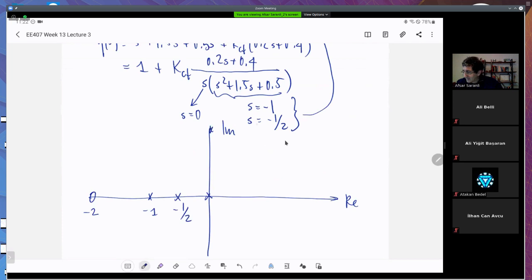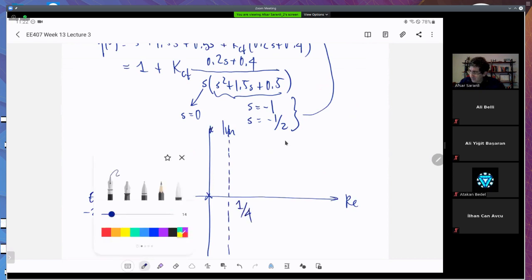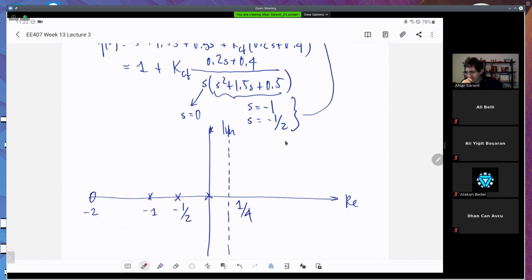Okay, and an asymptote at, let's make that more to scale, somewhere over here at 1/4. Okay, so if I make that sketch, it's going to be this region and this region. This region is by itself, right, starting from the open loop pole going to the open loop zero.